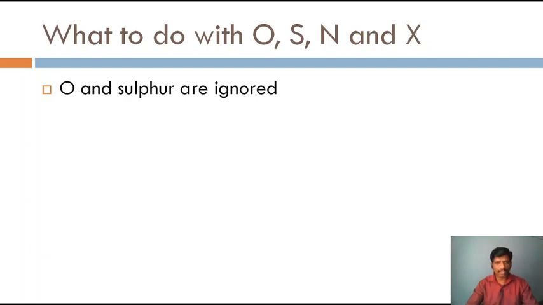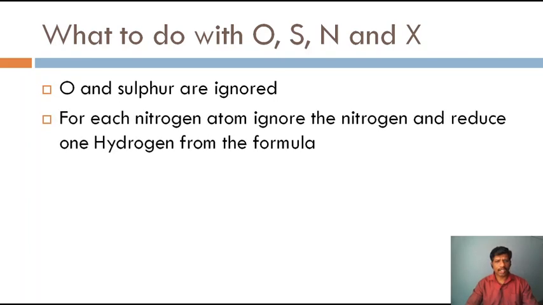If oxygen and sulfur are present in the molecule, you just ignore them and consider only the number of carbons and the number of hydrogens. The formula will definitely work for you. If nitrogen is present, then ignore the nitrogen and also reduce one more hydrogen from the formula, which we will see in an example.